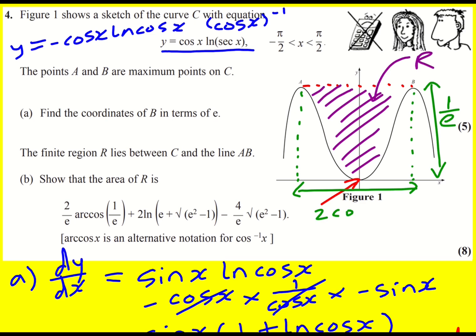So it's going to be 2 inverse cos of 1 over e. That will give us the rectangle, and so that just leaves here and here that we have to find, so we can subtract that. And these red parts are going to be the same, so I don't need to integrate from this value to this value. I could just go from 0 to inverse cos of 1 over e.